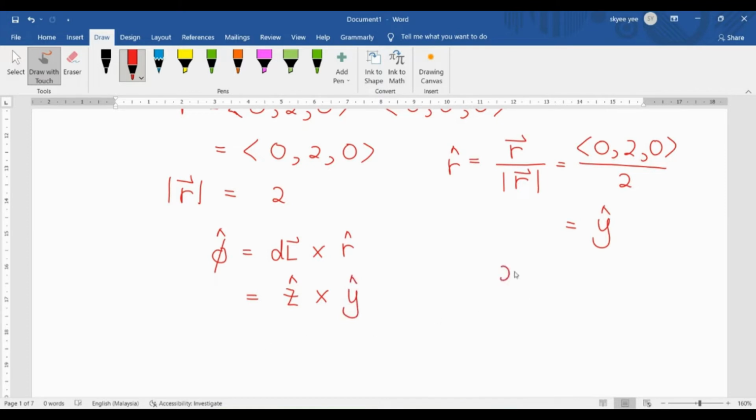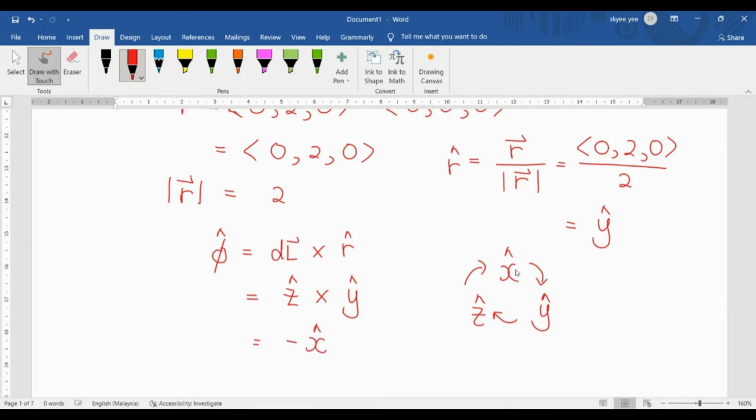We arrange our vectors in these directions, then we will know the cross product for z y. This is the direction of the arrow. Now z cross product with y is in the reverse direction of the arrow, so this will be negative x.